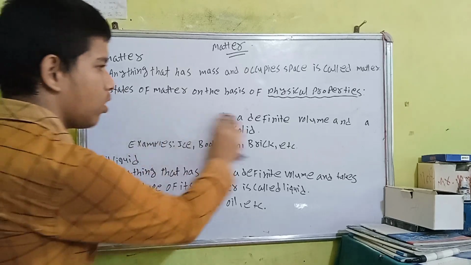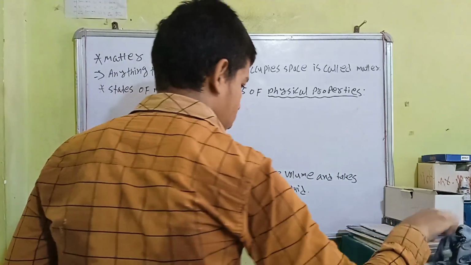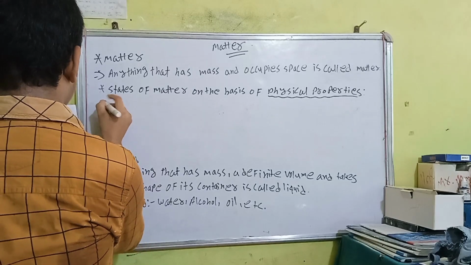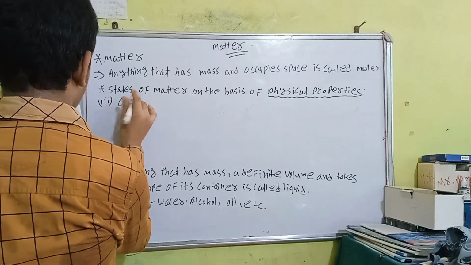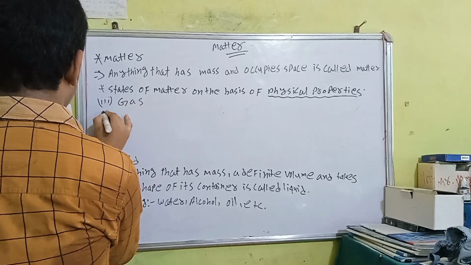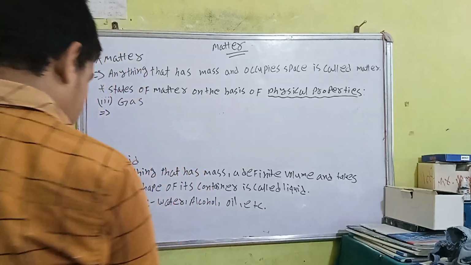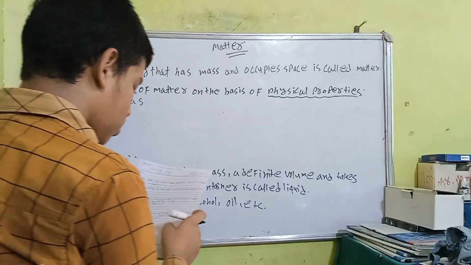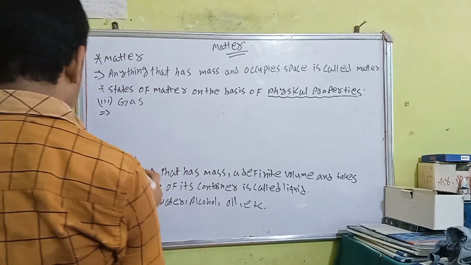The first state, solid. Third one is gas. Its definition is anything that has mass and takes both the volume and shape of its container is called gas.